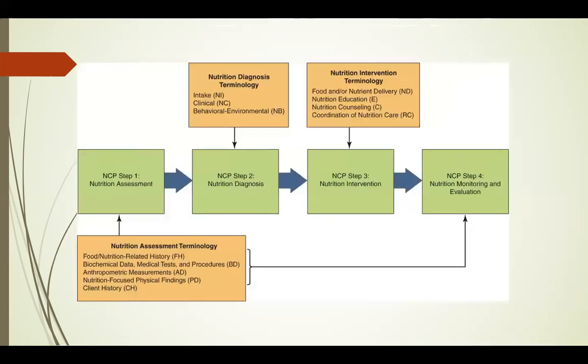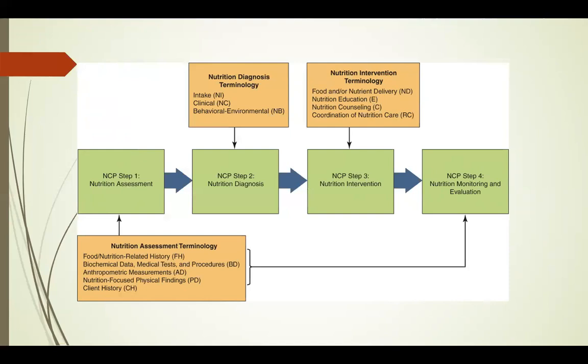This is just another way to view the nutrition care process, and it is a standardized language that consists of concise phrases and terms. These terms are organized into domains, which we're going to talk about, and they actually use alphanumeric codes. However, it's not important for the RD to write down these alphanumeric codes. They can be researched later, but they can be used for tracking purposes.